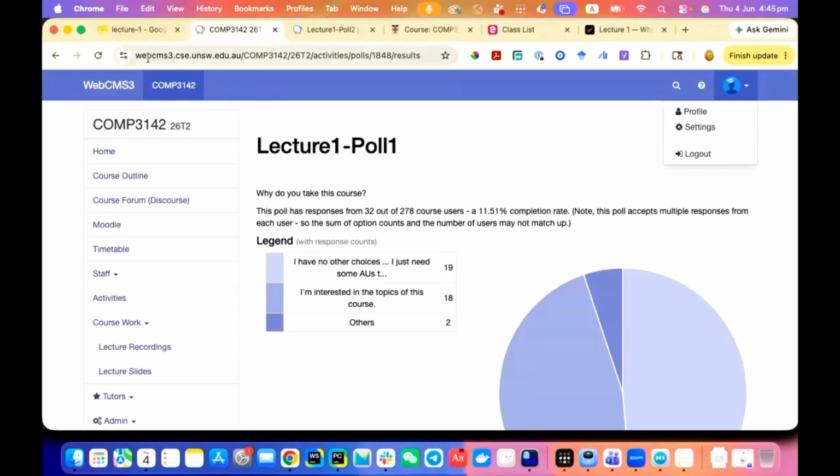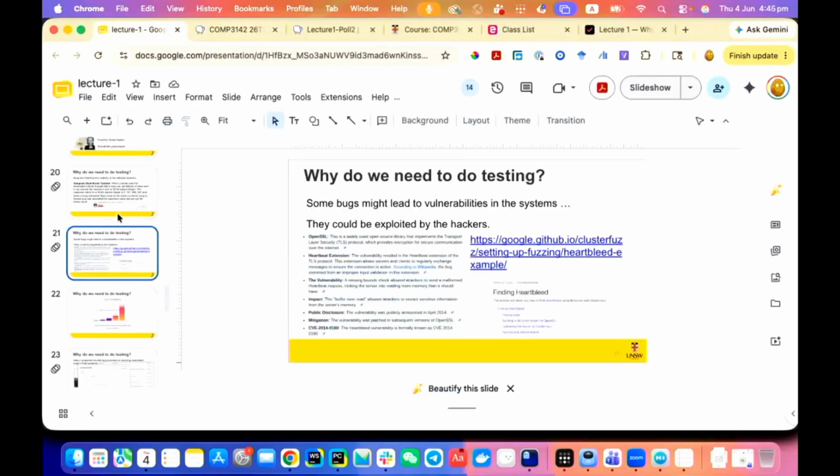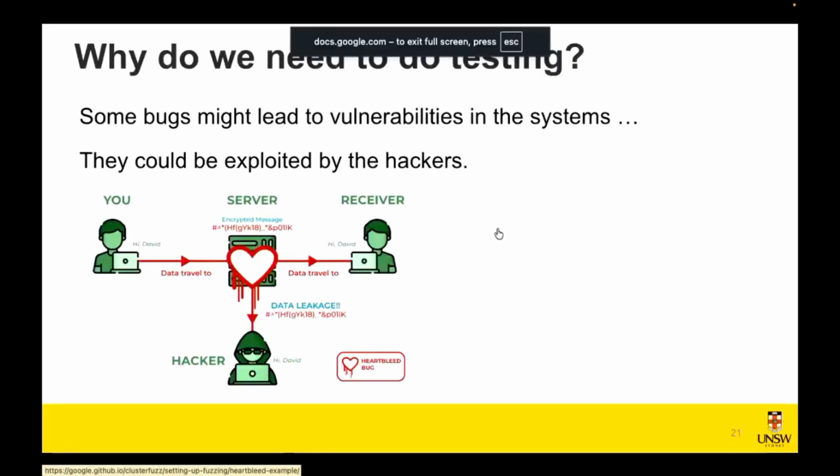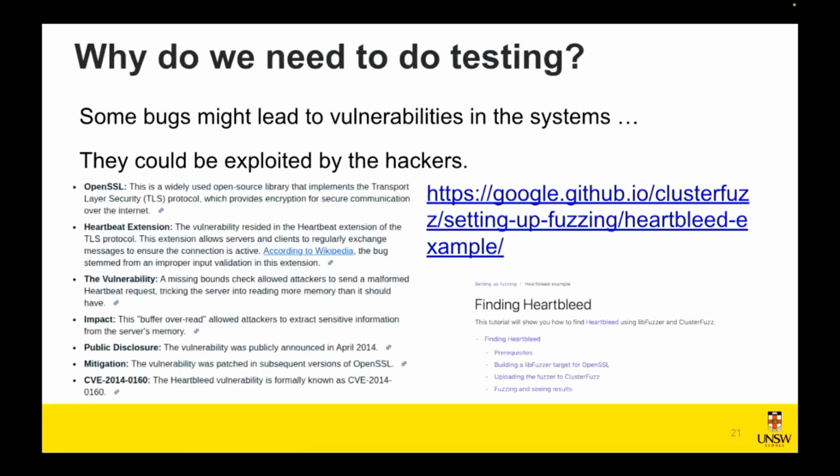So what people did was send encrypted messages with the HTTPS protocol. The encryption is done by a library called OpenSSL. And that OpenSSL has a vulnerability called Heartbleed, which can allow attackers to steal information from the server.